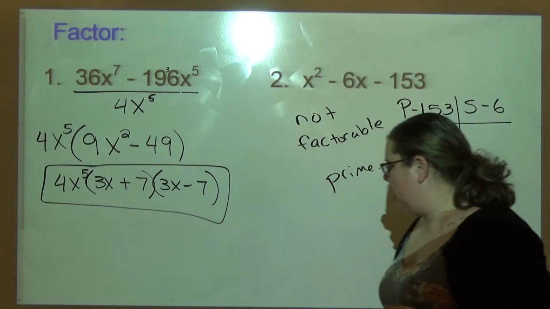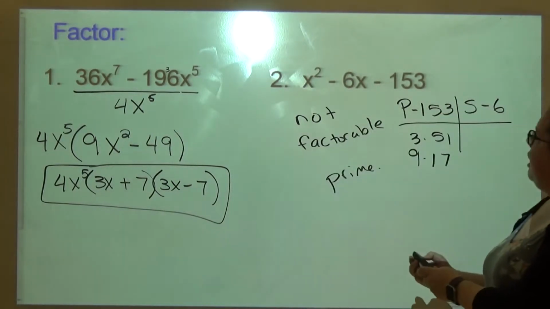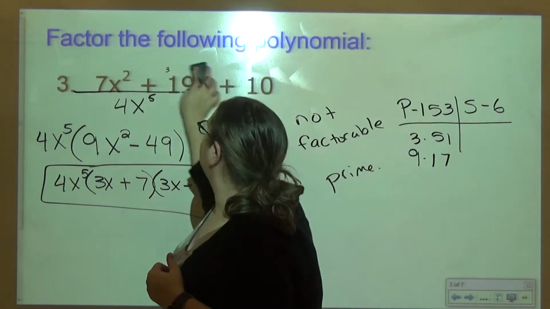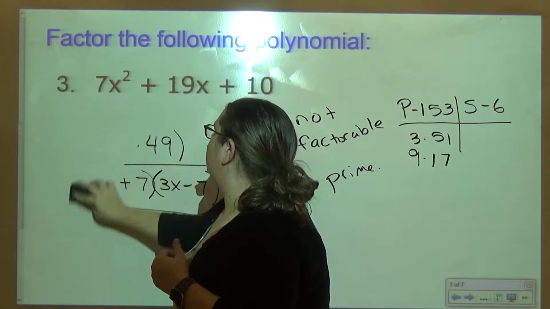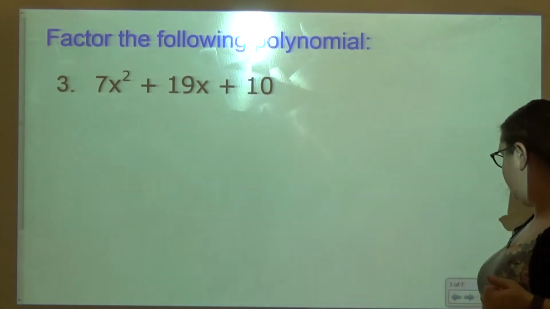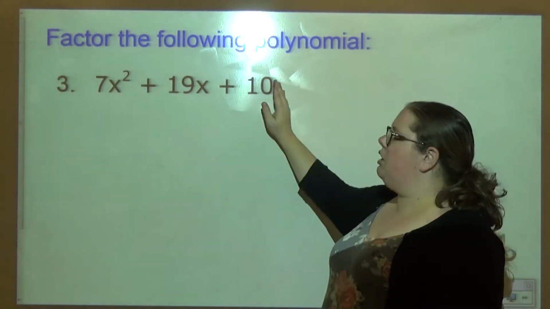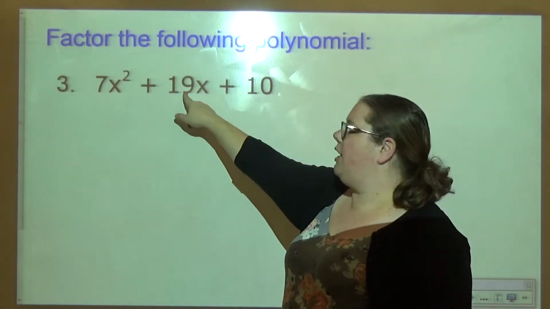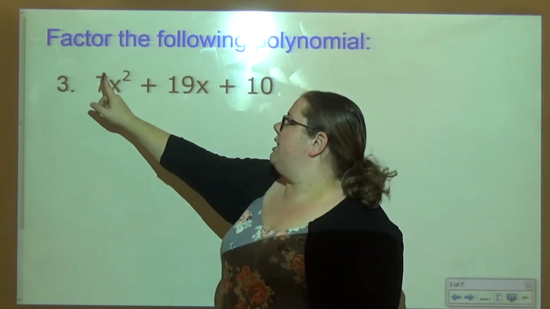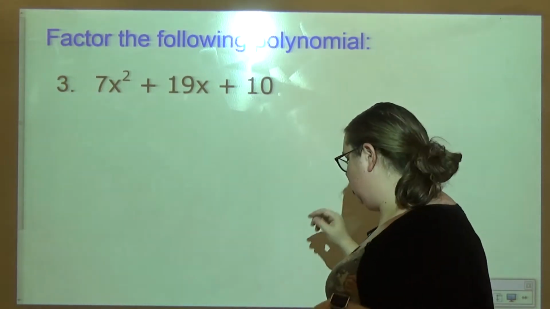Alright, let's do some sliding problems now. So in the last video I made, I showed you how to do these. We can't just look for numbers that multiply to 10 and add to 19 like in regular product sums. This 7 just changes the rules.